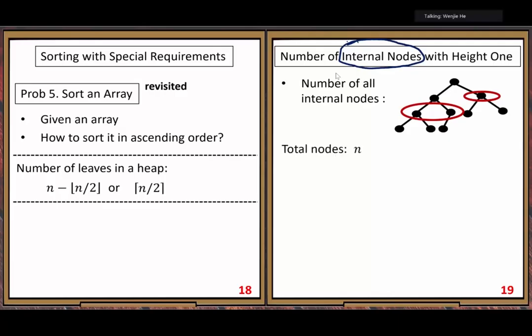Total number of nodes n, among them, there are this many leaf nodes: n minus floor function of n over 2. Then the offset part, internal nodes, corresponds to floor function of n over 2. That's simple. All right. Next question.